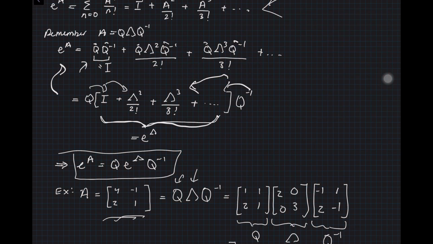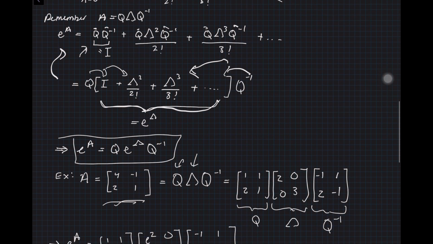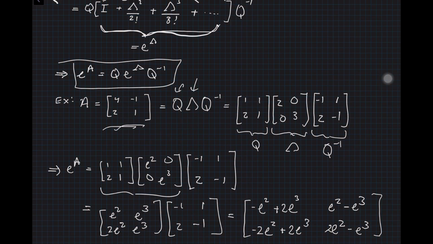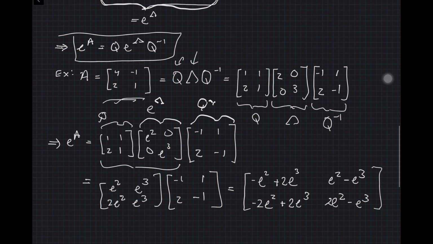We have to figure out what e to the capital lambda is. With diagonal matrices, it's pretty easy. All you do is put e to the whatever number is on the diagonal. So you do some algebra. Remember, this is Q, this is e to the capital lambda, and this is Q inverse. And this is your expression right here. So this guy is e to the A.